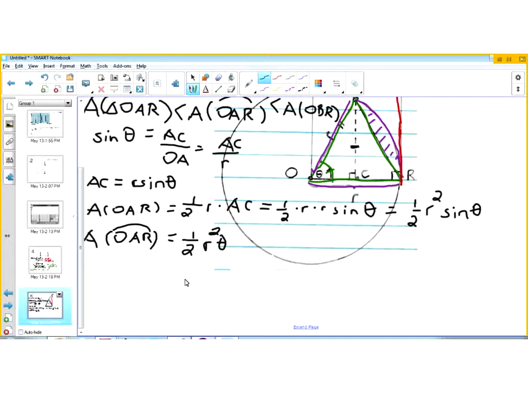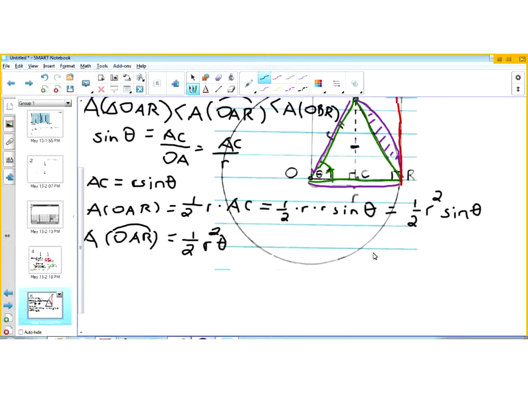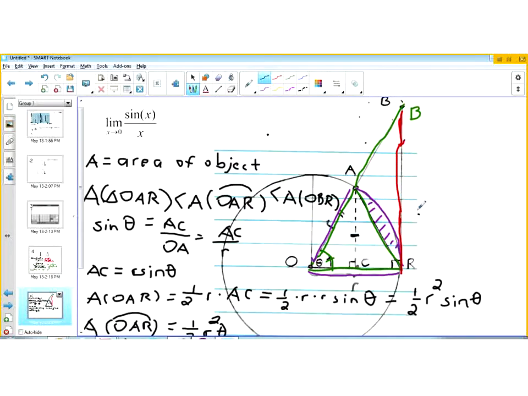Okay? And now next we need to calculate the area of triangle OBR. Triangle OBR is the big triangle shown here, in terms of theta. All right, so before we do that, we can surmise that the tangent of theta, okay, so to calculate the area of triangle OBR in terms of theta, I need to get theta as an expression of one of these geometric objects shown in the picture. And so as an assist, we know that the tangent of theta is opposite over adjacent.